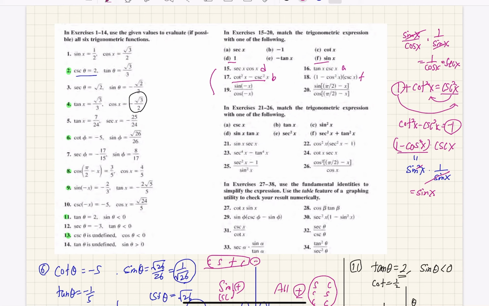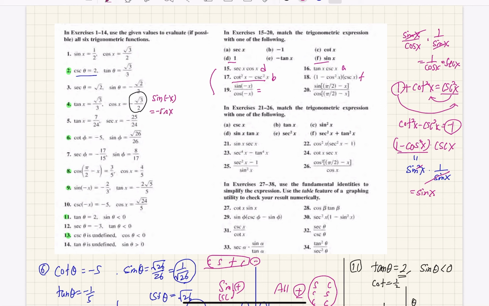All right. The 19, sine of negative x. Now you can use the even and odd function identity. The sine function is an odd function, so sine of negative x is equal to negative sine x.